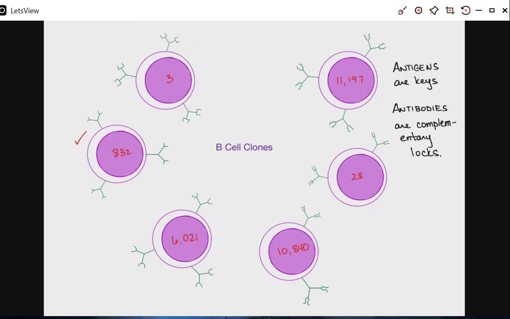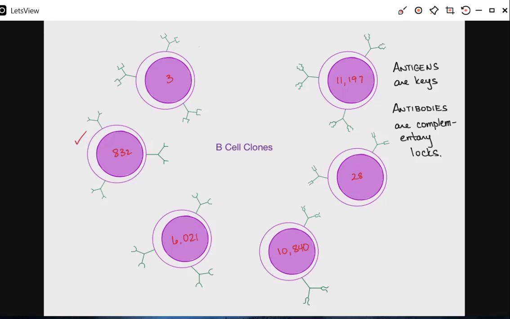Our bone marrow makes thousands of different B cells. Each B cell makes a single antibody cutout shape, a single lock, and it's random. It's not designed for a particular antigen. The analogy is that you are a locksmith and you're told to make a lock.